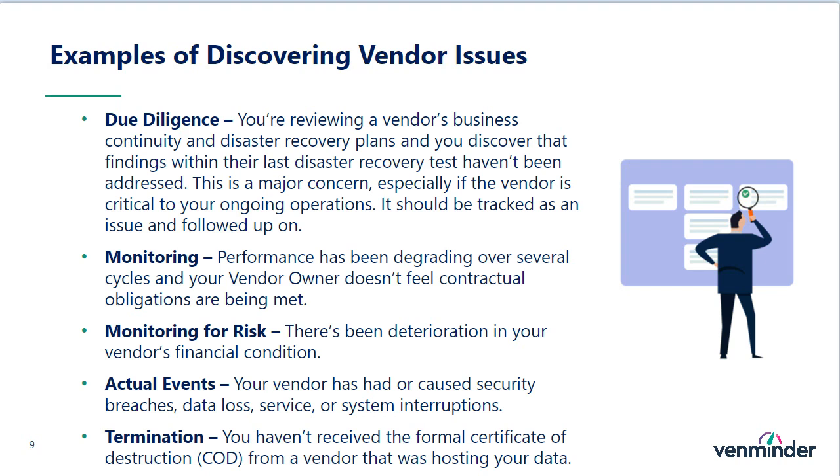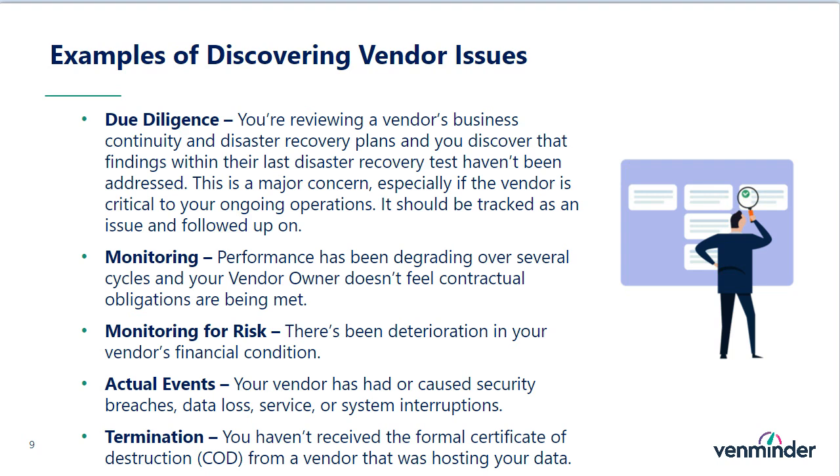And finally, termination. Don't think that because you decided to use an alternate vendor, or you're at the end of the contract, there are potentially no risks. Right up to the very end, there could be a potential risk, and that's why you want to document any issues there.